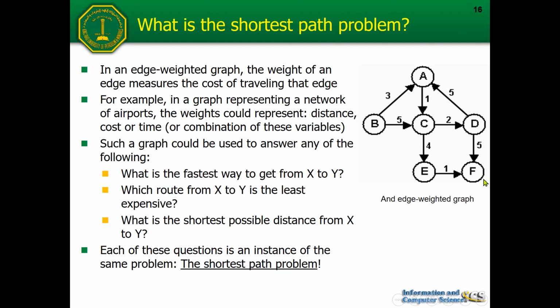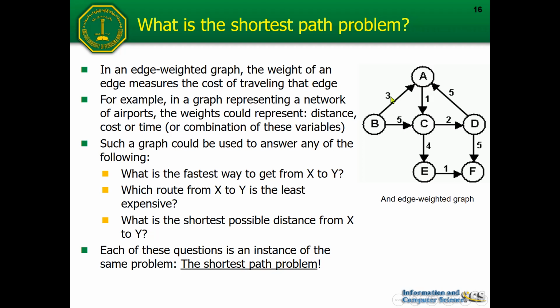So everyone, the shortest path problem usually is applicable in the graph that is directed, and also the edge has the weight, where usually the weight describes the cost for traveling that corresponding edge.